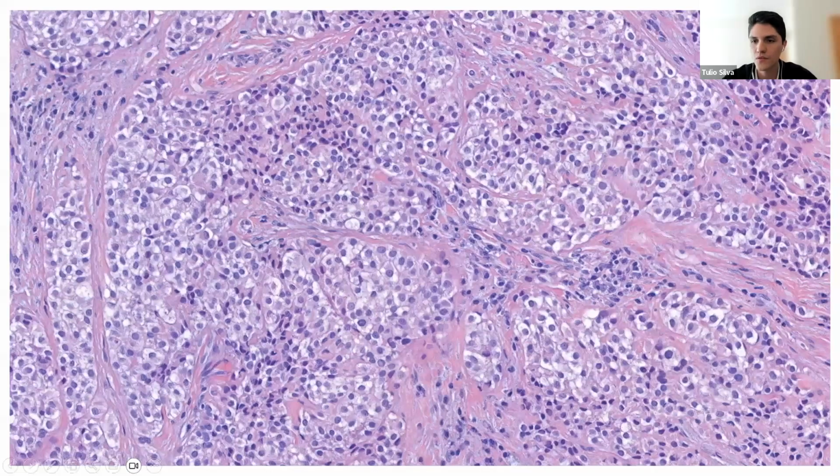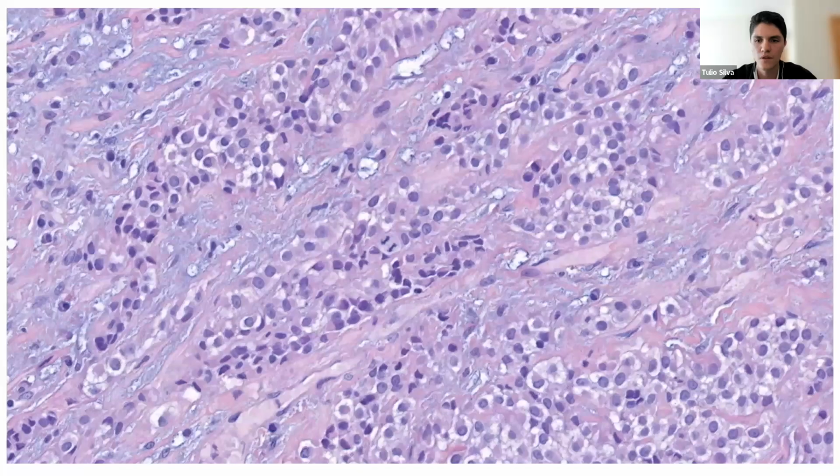At higher magnification, the tumor cells show well-defined oval nuclei with small nucleoli and clear vacuolated cytoplasm, with low mitotic activity and no necrosis.